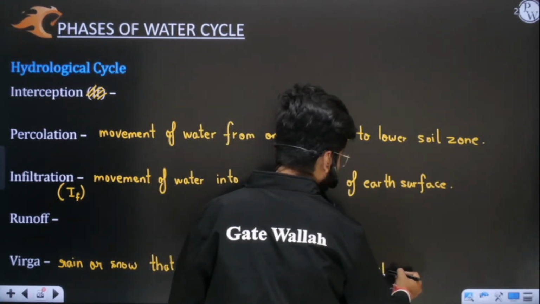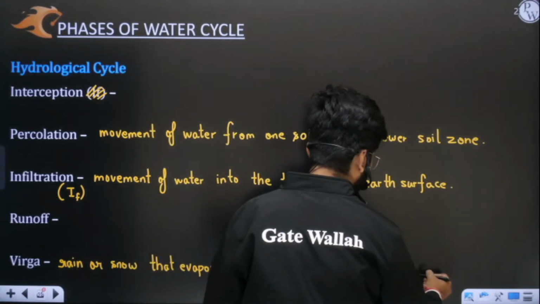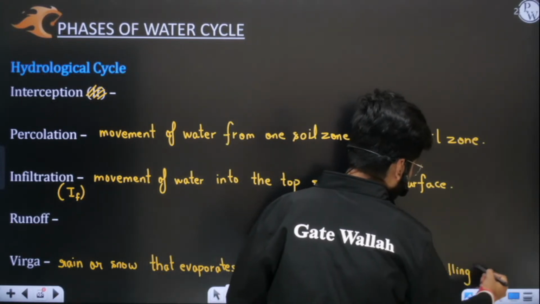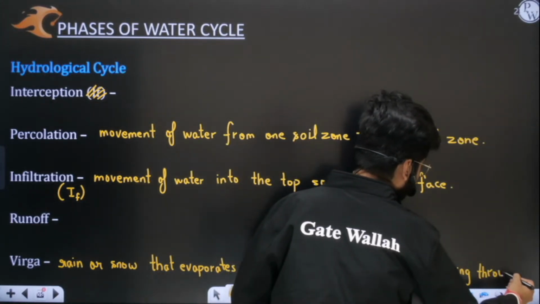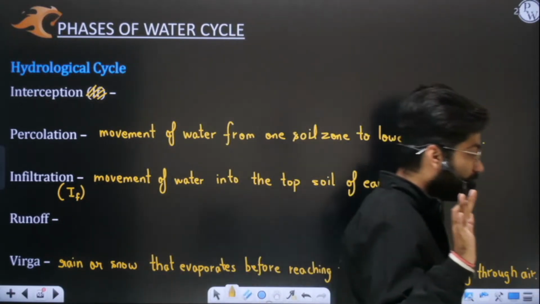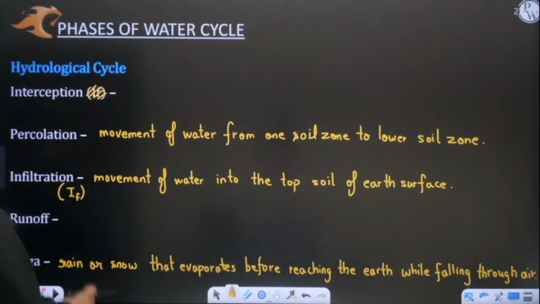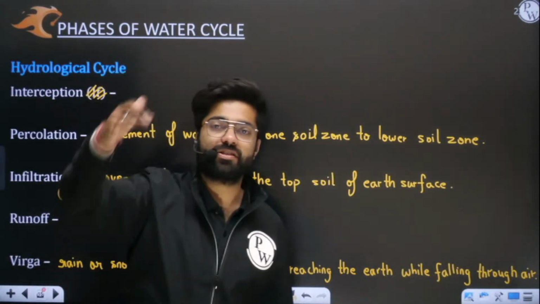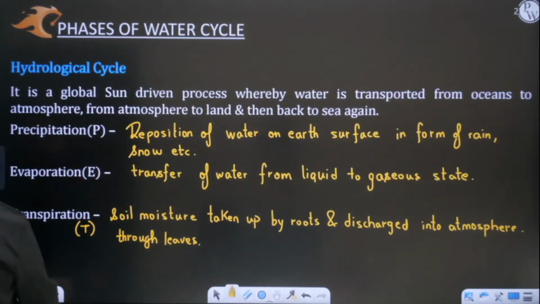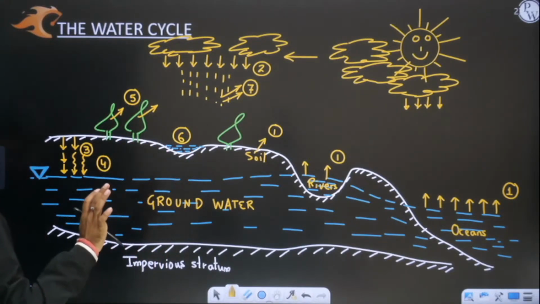Some portion of rain evaporates before reaching the earth while falling through air, that is your Varga. Yes or no? Simple. Some portion is evaporated meanwhile only, that is your Varga. Is it clear? Very simple.